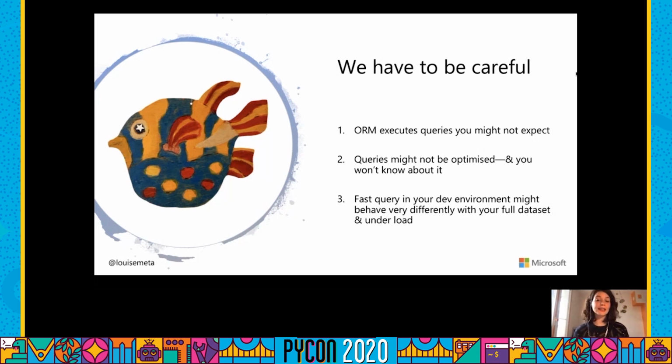And finally, sometimes the fast queries that you have in your dev environment when you're working locally might behave very differently when your database is much, much bigger on production and when you have load on that database. This is also important, something that might not seem a problem in your local environment might become one later on.